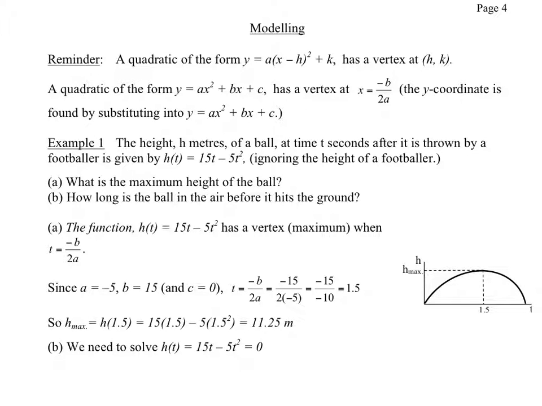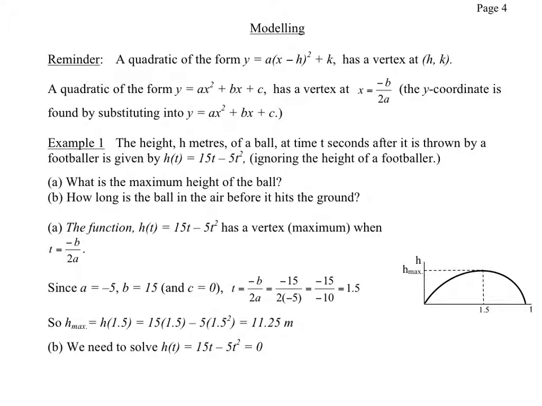Now in part B, it asks how long the ball is in the air, how much time does it spend in the air before it hits the ground right here. Probably from looking at this, you can tell that the answer is going to be 3, because it's going to spend half the time getting to its maximum and half the time coming down. But let's just go through the motions.